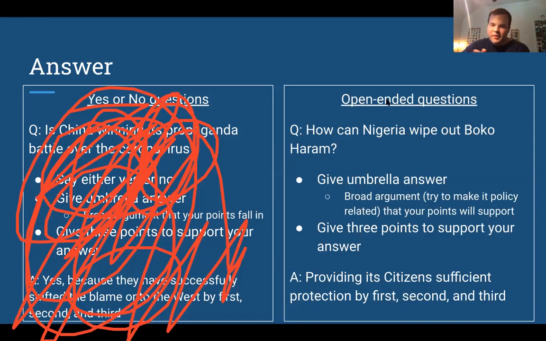So if you got this question, how can Nigeria wipe out Boko Haram? You could give your umbrella answer, that is by providing its citizens with sufficient protection by, for example, first they could blah, blah, blah. Second, they could blah, blah, blah. And third, blah, blah, blah. Same thing, you want to say what you're arguing and then 3 different points that support your argument.